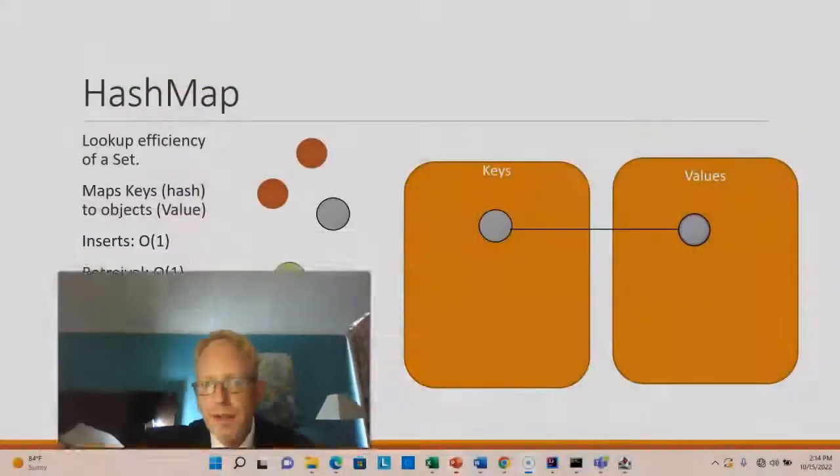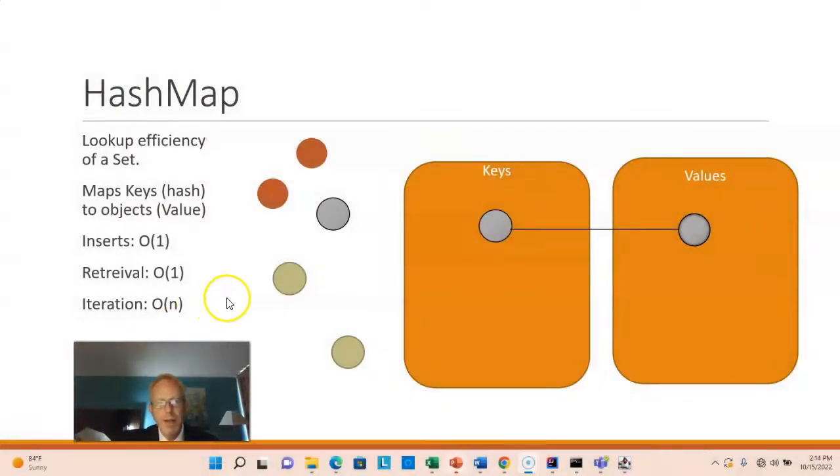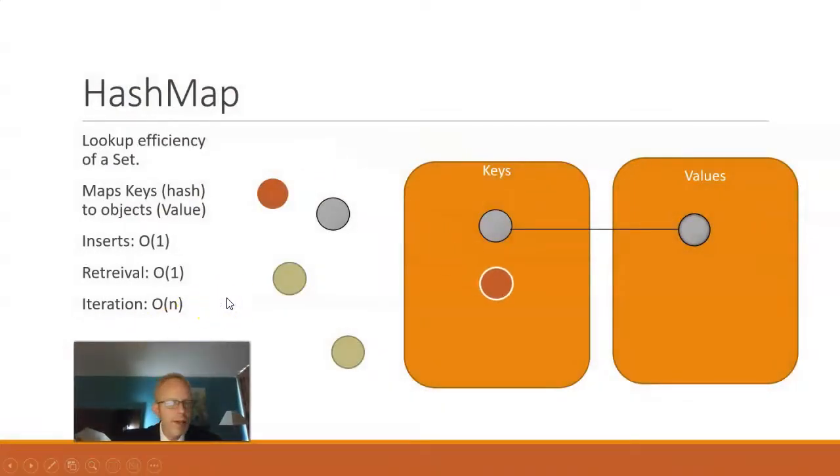So we know that VIN is essentially a lookup for a vehicle. So, okay, we add the red circle to our keys, some other unique object, and we map that to a value that can have many more attributes or represent a much bigger concept than just the key by itself. We add this kind of beige circle to our keys, and we can associate that with the value.